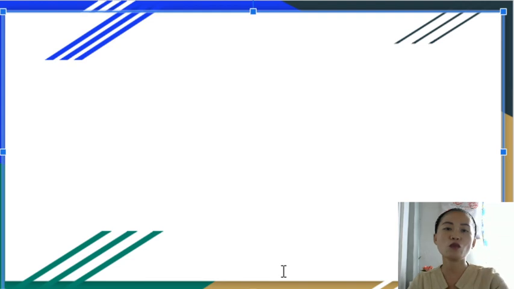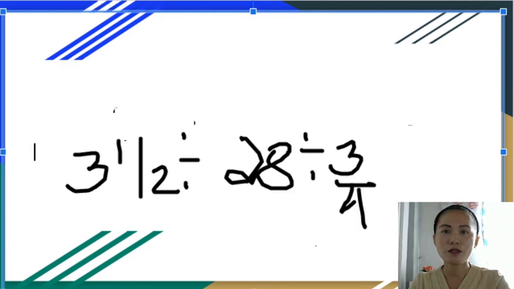Tingnan natin kung tugma yung magiging sagot ninyo sa magiging sagot ko. So, how are we going to do it? Always remember na in dividing word problems, kailangang mag-isip mabuti. Sa non-routine problem, you're going to analyze well the given word problem for you to come up with the correct solution.